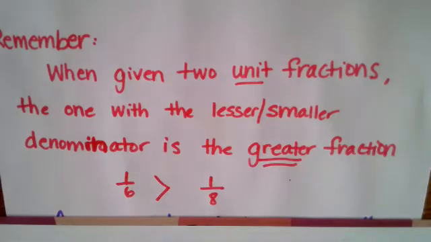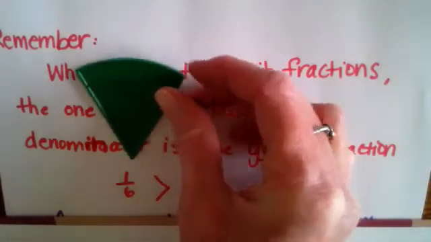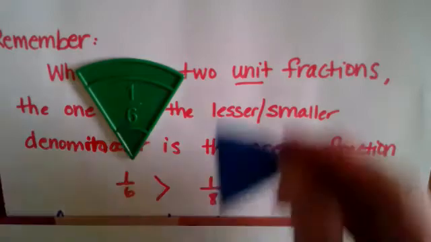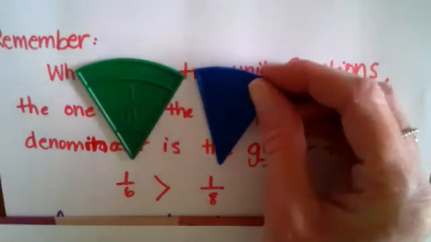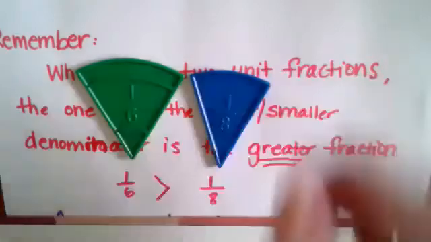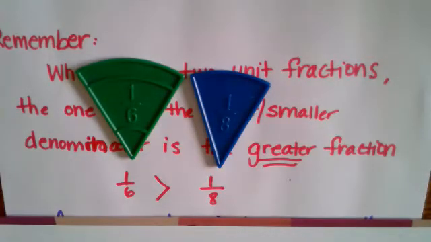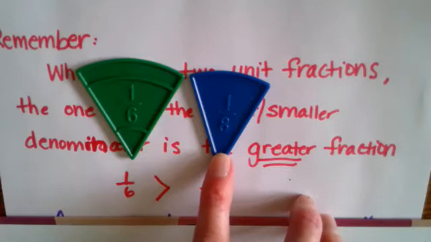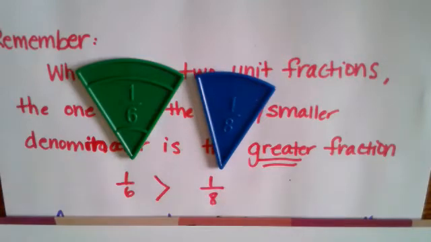Pretend, please, that I have cut up a pizza into sixths. Here is what 1/6 of that pizza looks like. I cut up the same size pizza, but this time it's cut into eighths, or 8 pieces. As you can see, the 8th piece is smaller because I needed to divide that pizza up into more pieces.